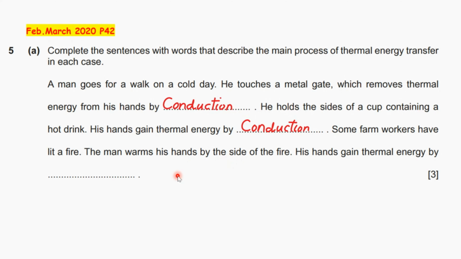It means that there is only one way. There is no chance for the heat energy to transfer through the air because you're so close to the fire. So there is only one option, which is radiation. We get 3 marks: 1 mark for conduction, 1 mark for conduction as well, and the last one for radiation.